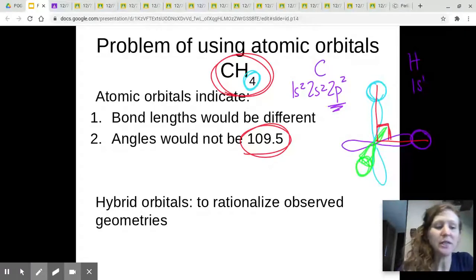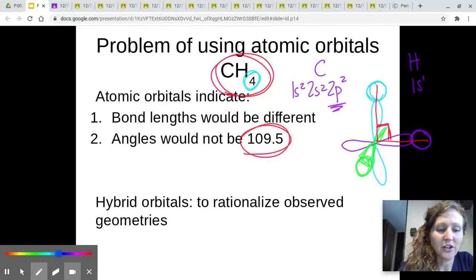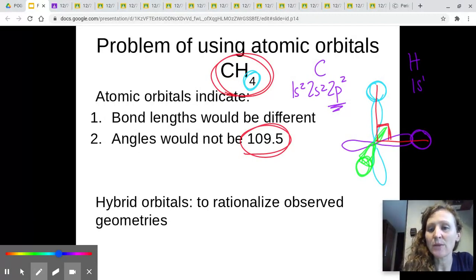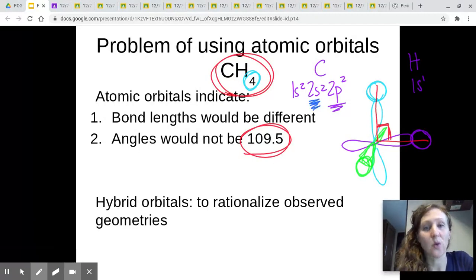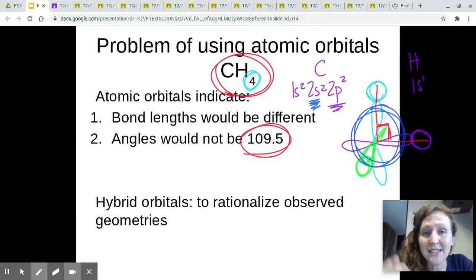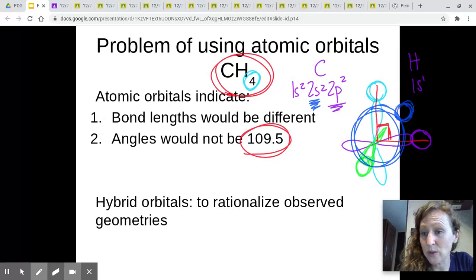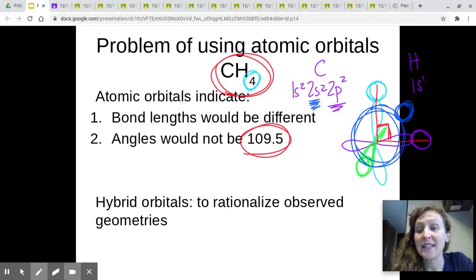Problem number 2 is, where does that fourth hydrogen connect to? It connects to carbon's other valence orbital, which is the 2s. So you have a 2s orbital here, and s orbitals are slightly smaller than p orbitals. And so you have that 2s orbital bonding to another hydrogen somewhere around there. Who knows what angle that would be? But the distance of that bond would be different than the distance of the bond using the p orbital of carbon.